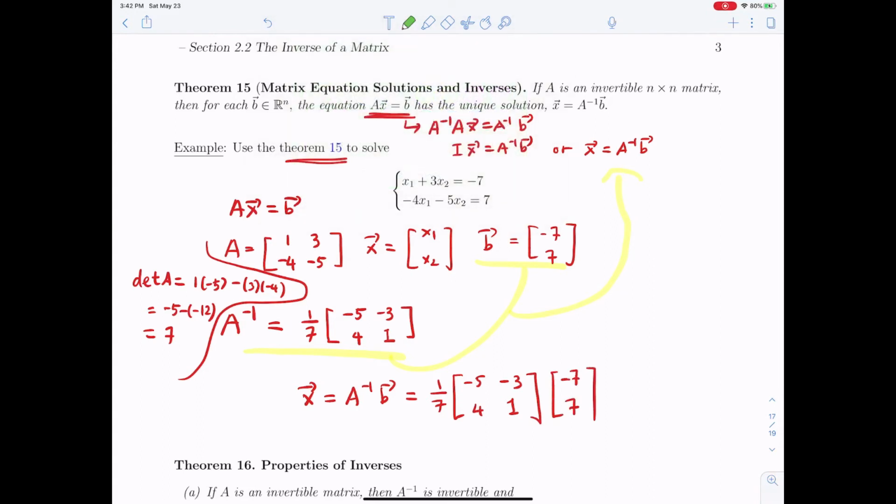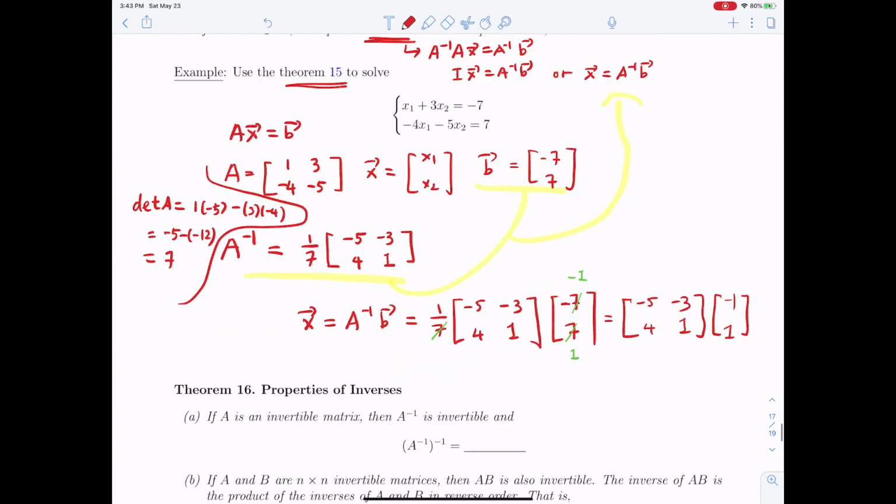And if you cancel out 7 into the entries of B, that gives you negative 5, negative 3, 4, 1 times negative 1 and 1. And this is the same as 5 minus 3, negative 4 plus 1. And this gives you 2 and negative 3. So you can conclude that x1 equals 2 and x2 equals negative 3.